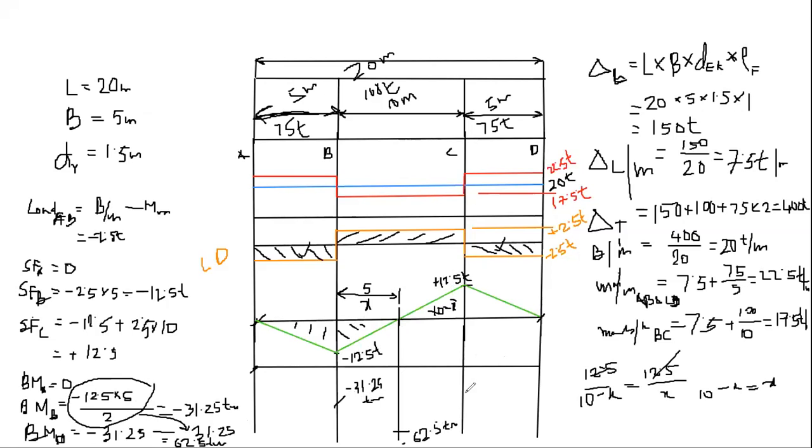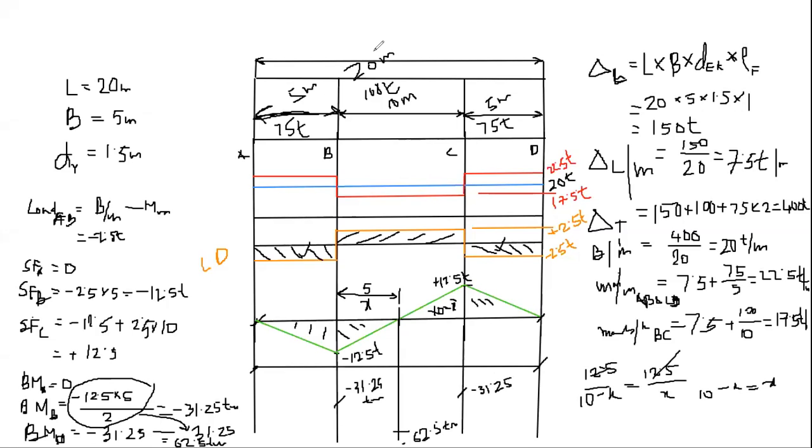So it will move upward. The minus, this is also will be getting a value of minus 31.25. And after that end, it will become 0. Why? This area is minus plus 31.25, you will get a value of 0.